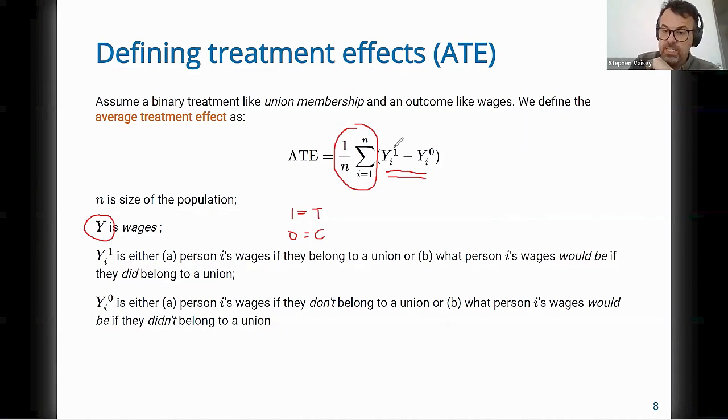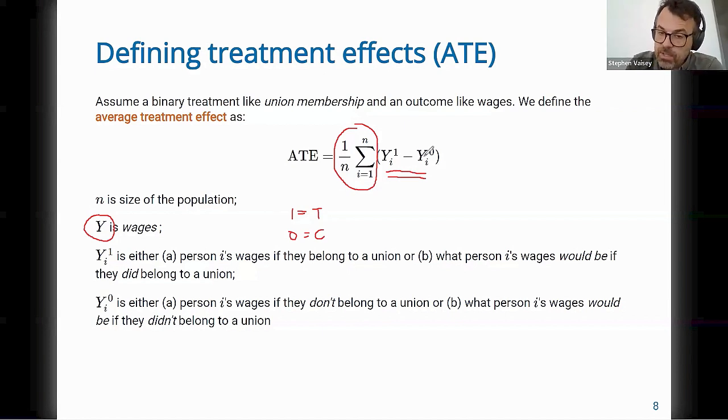So this essentially is, imagine a world where I belong to a union. And maybe that's the real world, so we don't have to imagine. How much money do I make? And we want to compare that to another counterfactual world: how much do I earn if I'm not in a union?